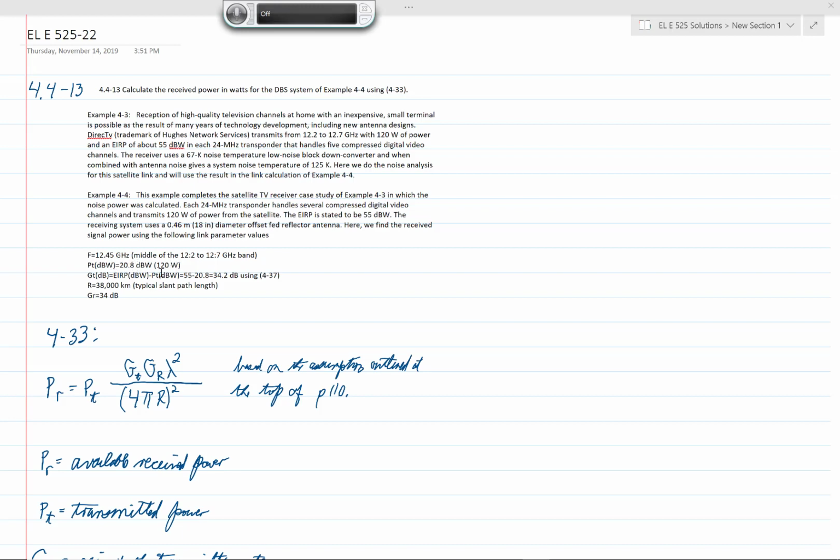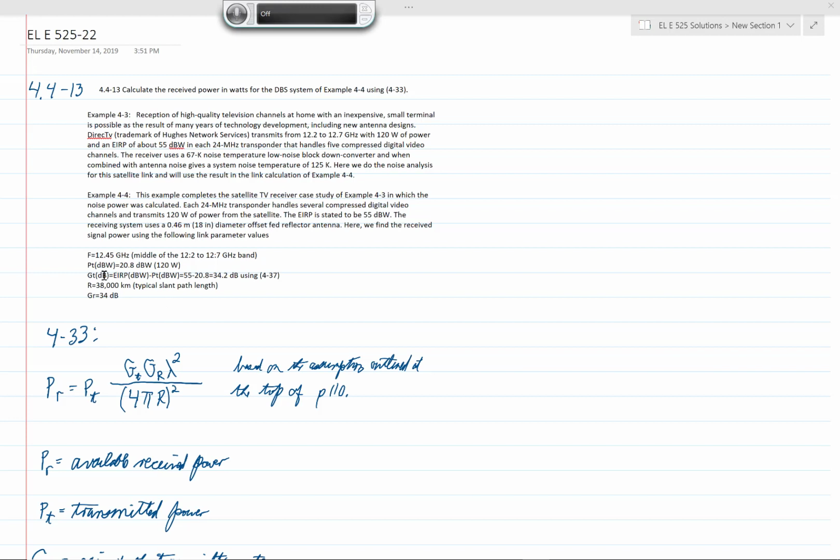You can check that the transmitted power is 120 watts, already expressed in watts. So just take 10 log base 10 of 120, and you will get 20.8. So that's what dBW means. The transmitted power is 20.8 dBW.